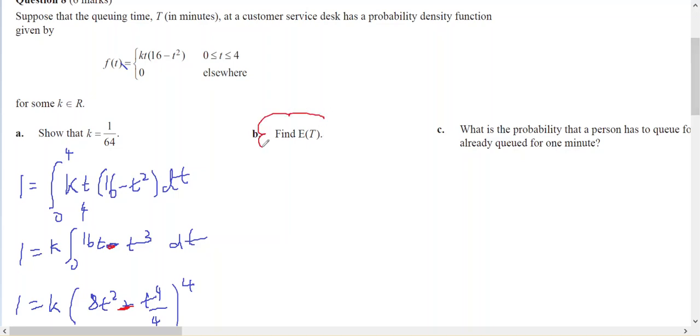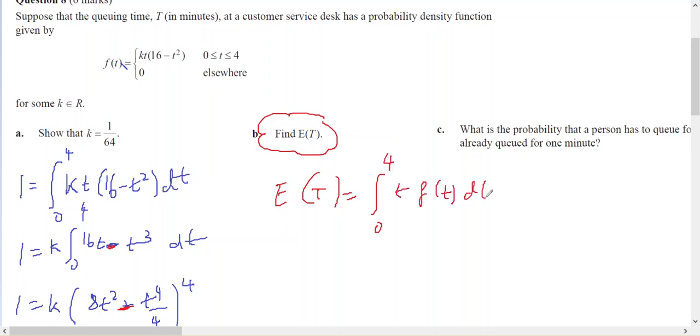Part 2, find the expected time. Well, E of t will be the integral from 0 to 4 of t times f of t dt.